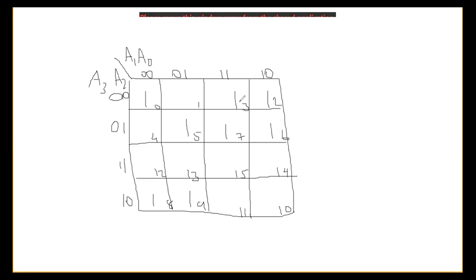Otherwise, if you have any confusion, these are the minterms. And the don't cares, I'm using the don't cares here from 10 to 15, so 10, 11, 12, 13, 14, and 15. These are all the don't cares.